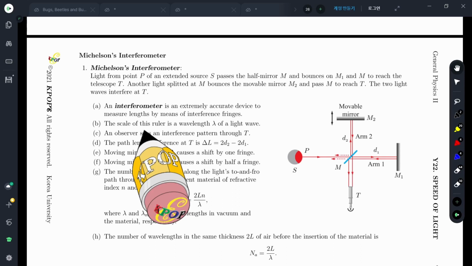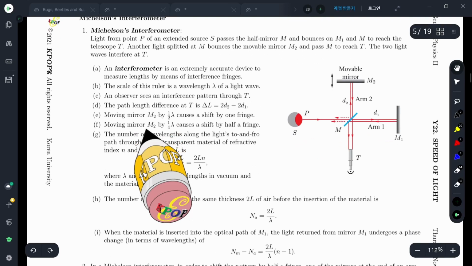However, it was not really convincing at the time. Michelson measured the speed of light in a very accurate way by making use of his device, called the Michelson interferometer. His interferometer is the most accurate device to measure length at the scale of the wavelength of visible light.